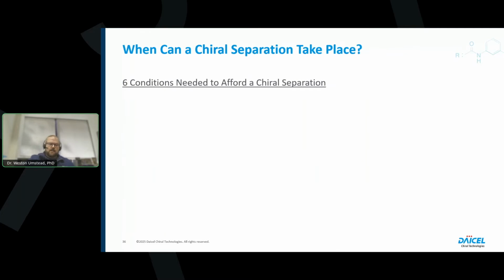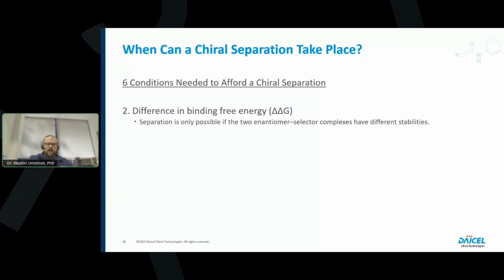The second condition that needs to be met is there has to be a difference in the binding energy of these two complexes when they form, represented by double delta G or Gibbs free energy. So a separation is only possible if the two enantiomer selector complexes that form have different stabilities or a different energy.